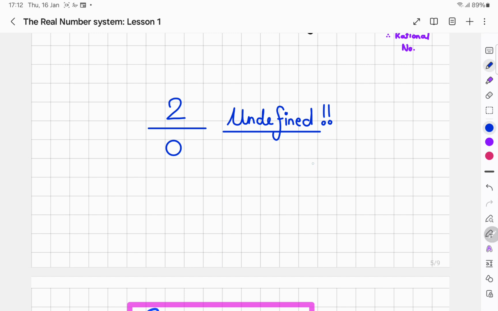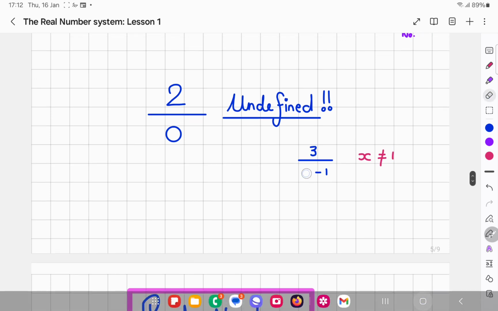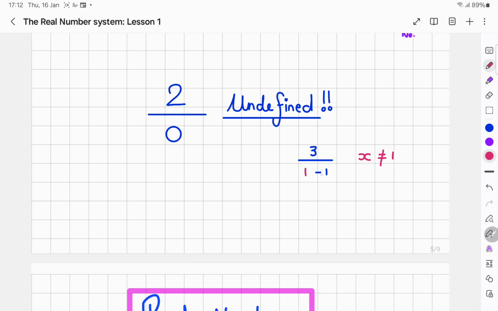When we've got x's that we work with, we can never ever divide by a 0. So if I've got 3 over x minus 1, what can x definitely not be? X can't be 1, because if I replace that x with a 1, do you see that I will end up with 3 over 0, which is a no-go zone.